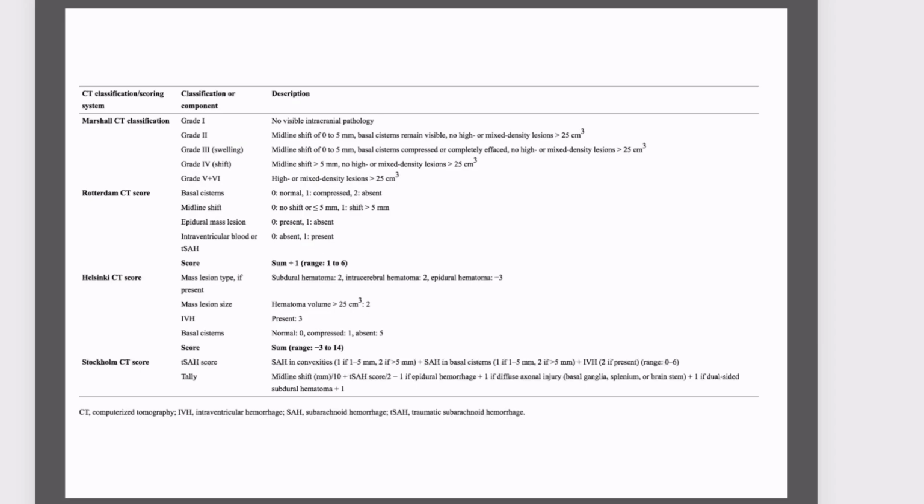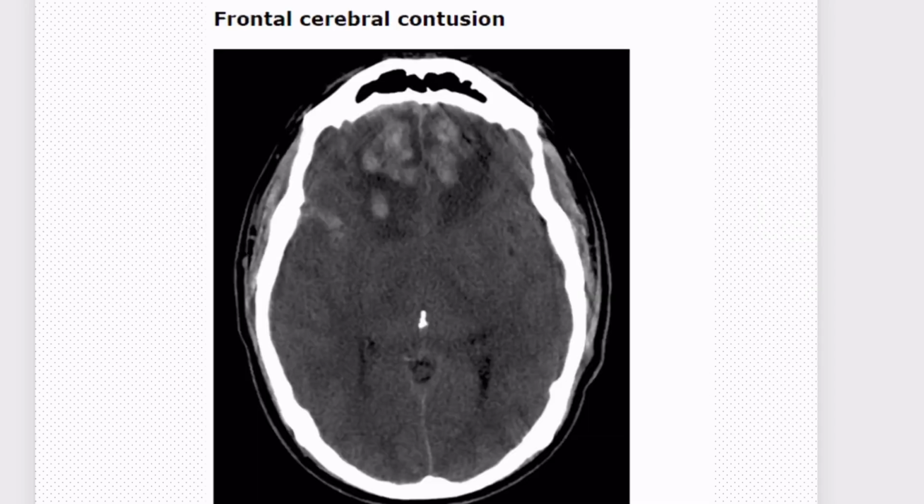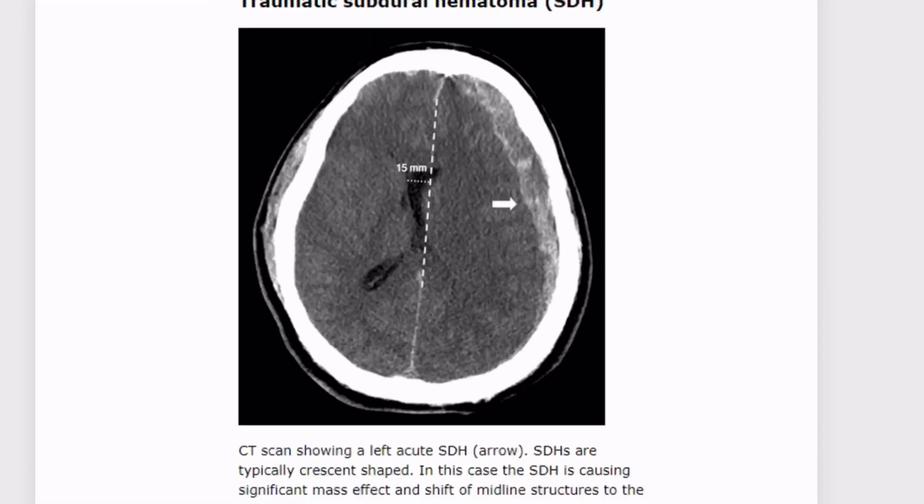We'll see one or a few examples. This is an NCCT head of a patient with frontal cerebral contusion. You can see the hyperdensities in the bilateral frontal regions, and there is a hypodensity here, which is suggestive of edema. And there is a traumatic subdural hemorrhage, concavo-convex and not respecting the suture lines.